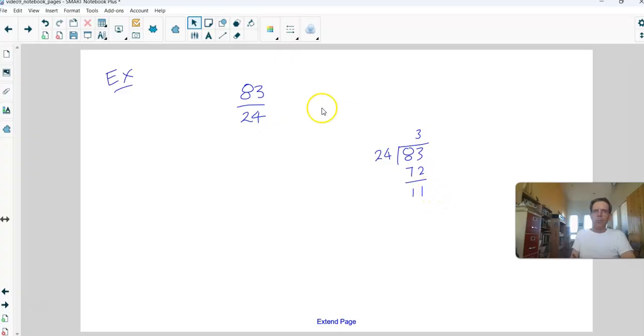That's our remainder. So what's the mixed number? The quotient is 3. That's the whole number part. The remainder gives the numerator, and the old denominator stays. So there's the new one, 3 11/24. You could check by multiplying 3 times 24 plus 11. Do you get 83? Okay.